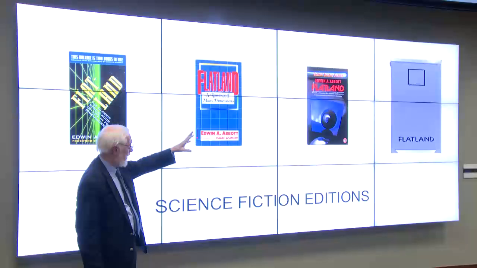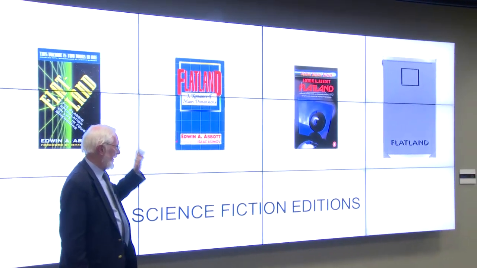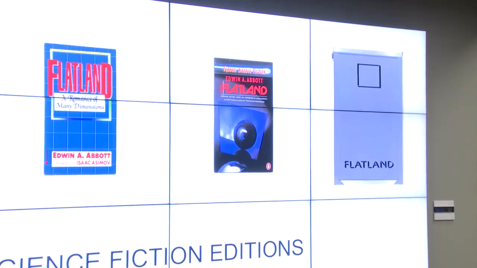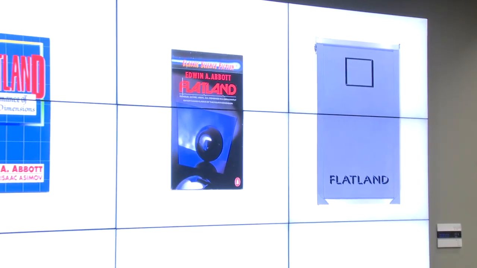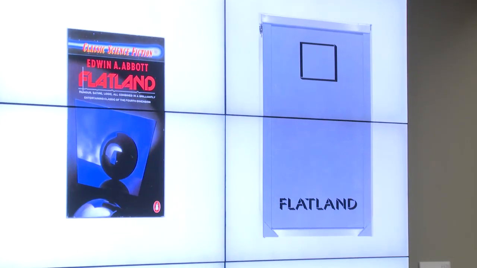It comes in an aluminum case. It's the Arion Press edition. It's the only edition that we have here that I didn't donate myself because I didn't see any reason to buy something that the university already owned. So this is the Arion Press edition of the university.